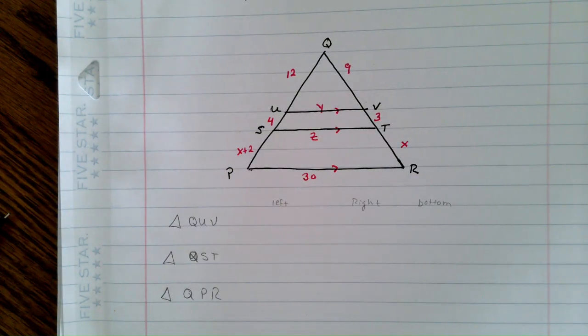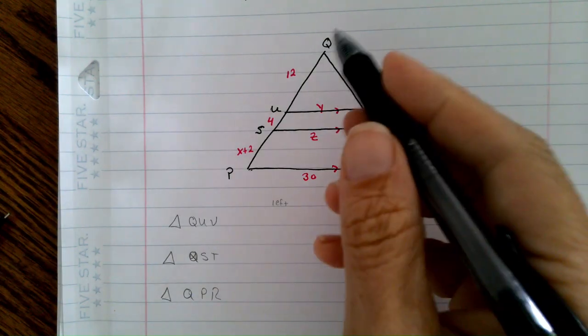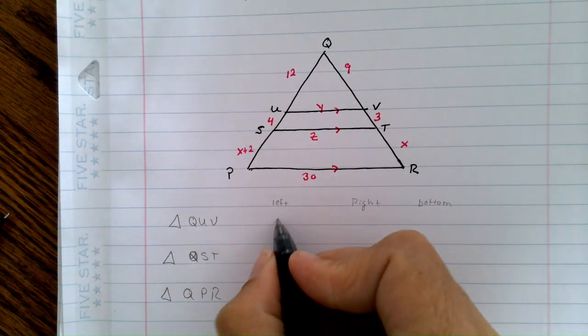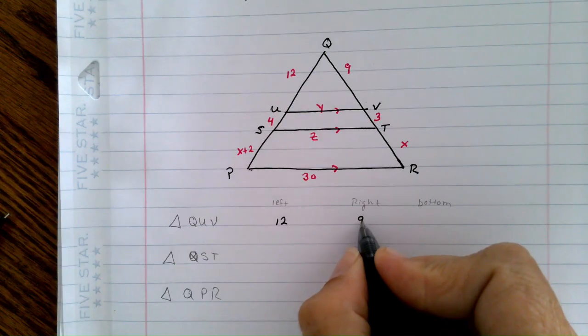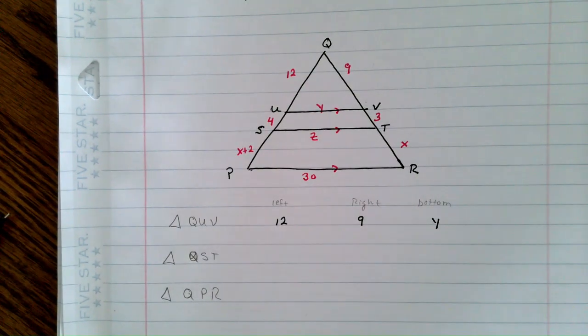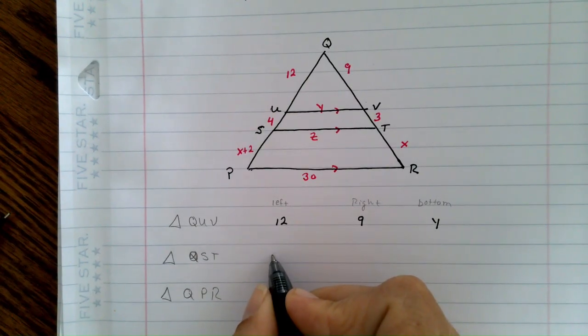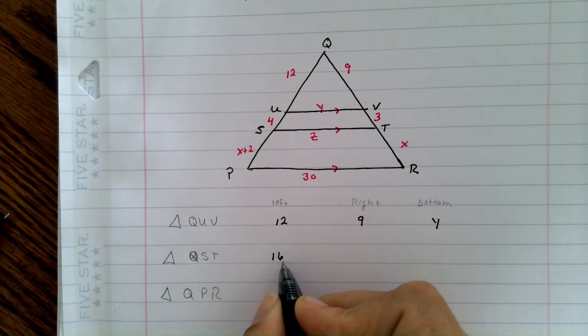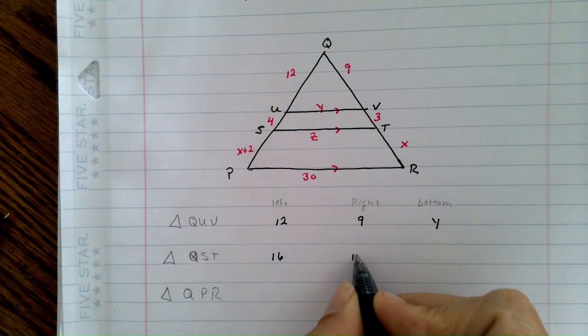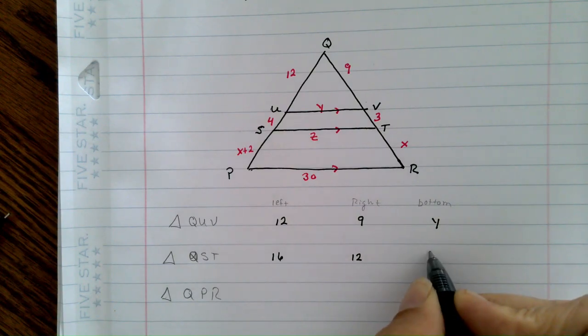Okay, so the left side of QUV is 12, the right side is 9, and the bottom is Y. QST is 16, 12, and Z.